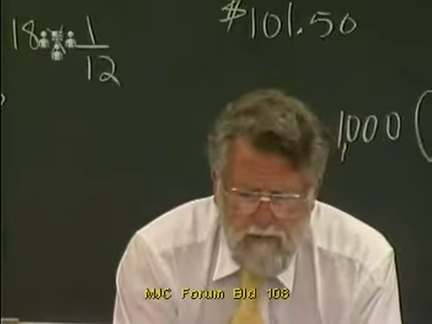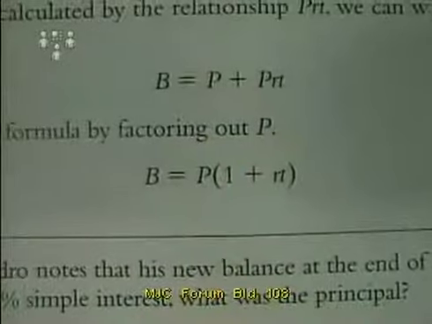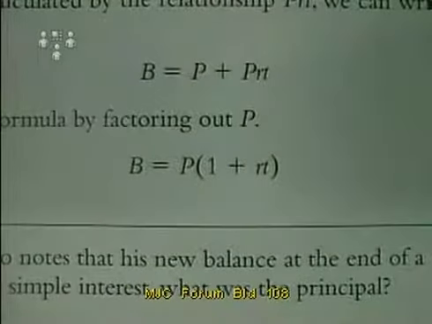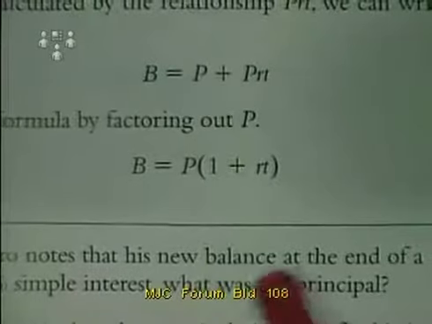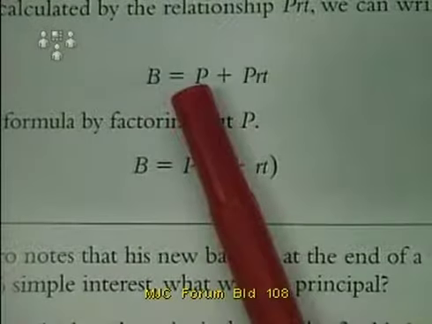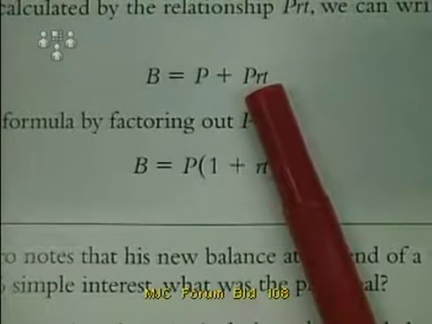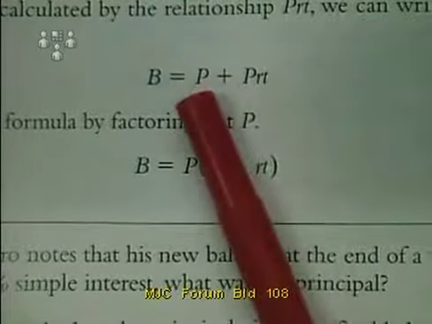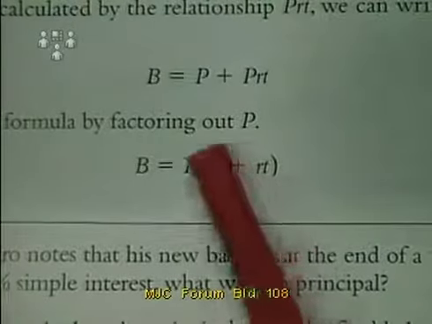This is the formula we've been using. This required for me in Math 10 a lot of explanation to try to get you to understand that when you take the principal and add to it the interest, and then you use the distributive property and pull out the letter P, you get P times 1 plus RT.